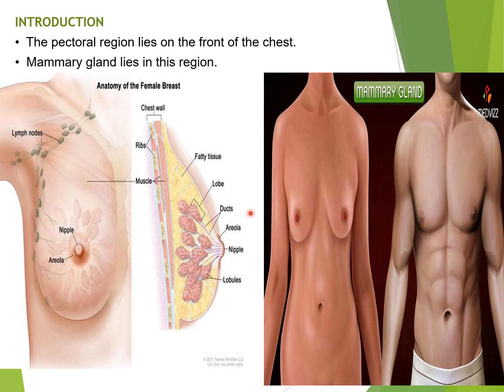In this slide what you have learned is that the pectoral region contains the mammary gland. In immature males and females, you find there is a nipple, right? The areola is fully formed.